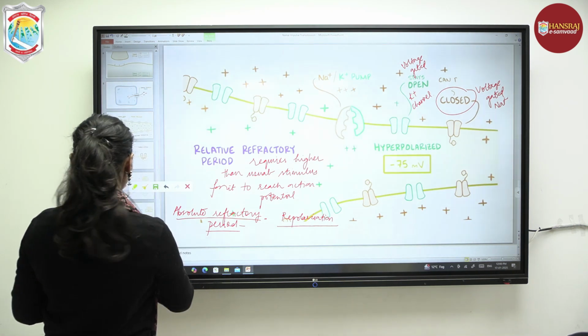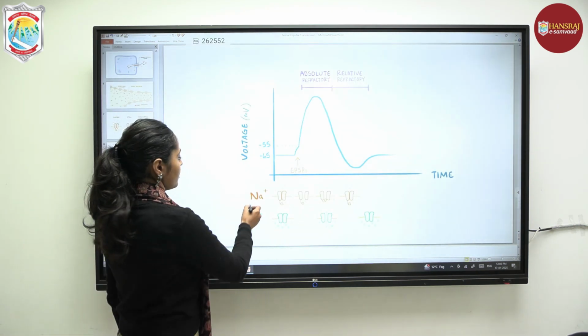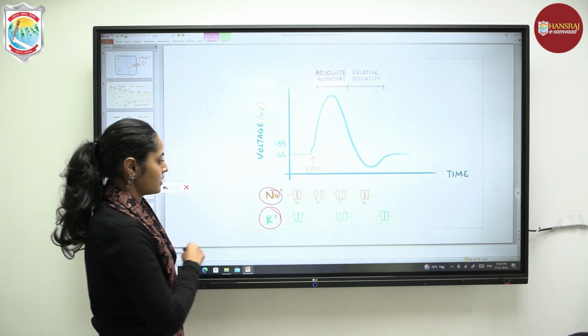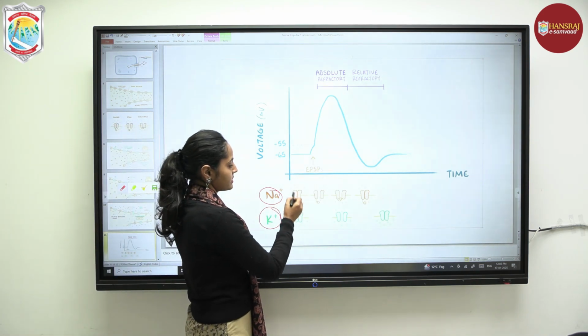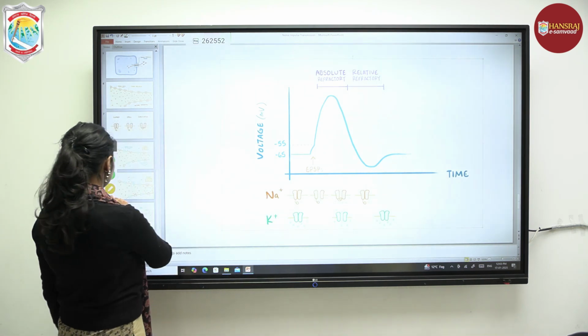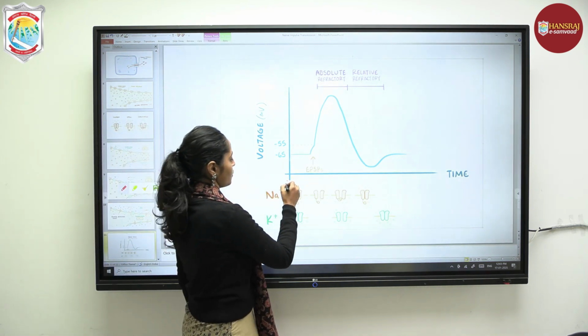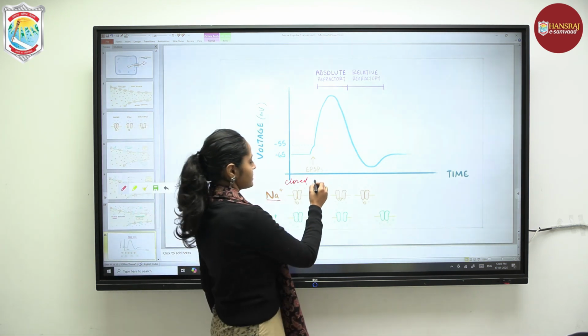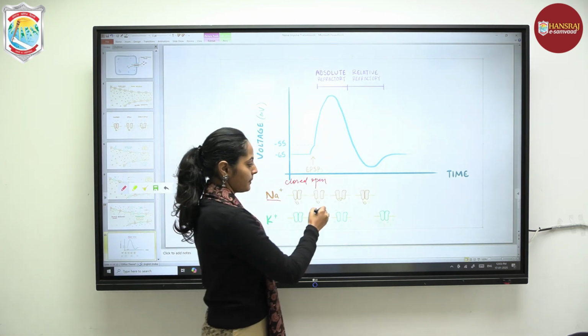To summarize it, we have sodium channels and we have potassium channels. Sodium channels, this means it is closed. Sodium channels are closed over here. This means it is open, so sodium would come in.